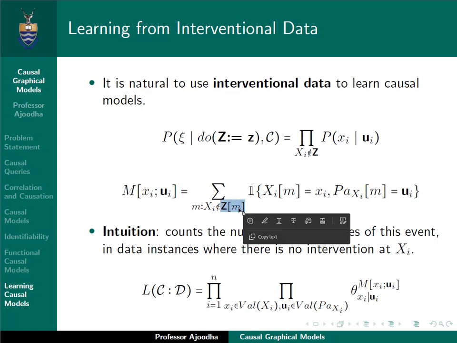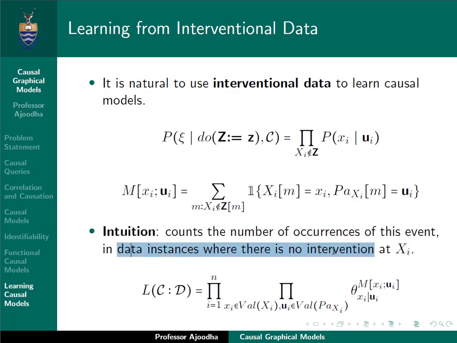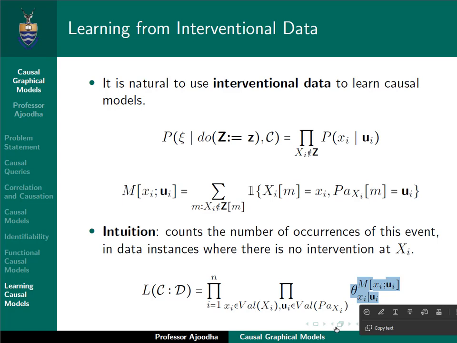So the intuition here is that we count the number of occurrences of this event in the data instances where there is no intervention in xi. And then we use that as the parameter for whatever we're trying to model. Okay, sounds very complicated, but it's not. And you'll see on the next slide.